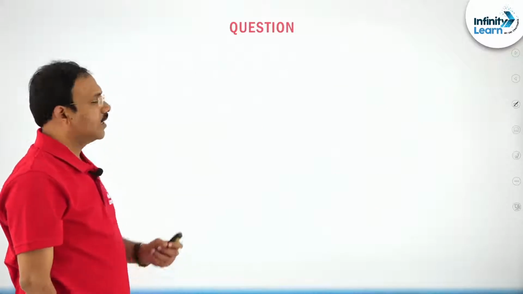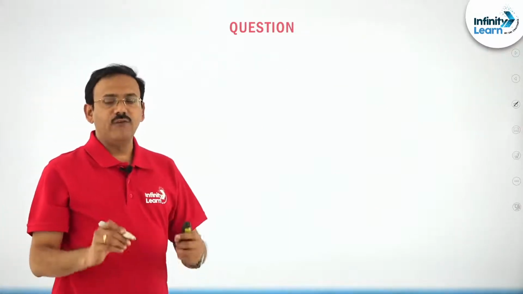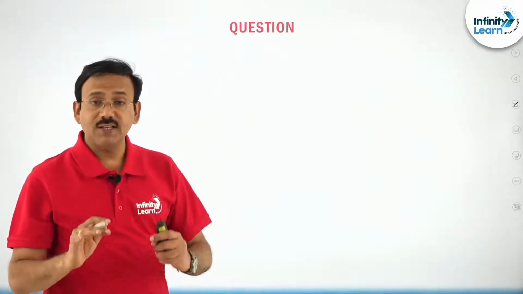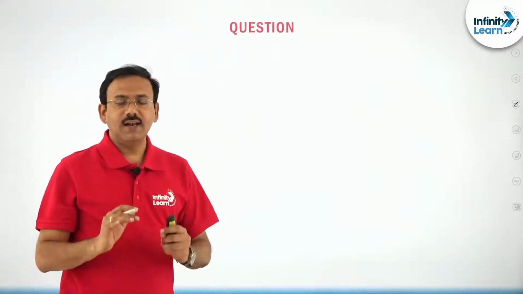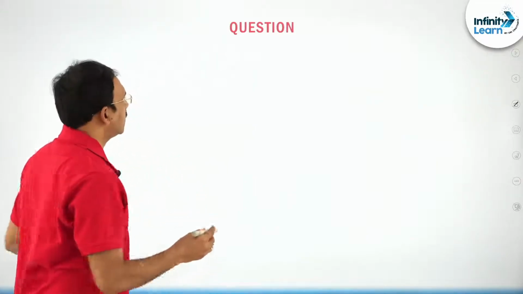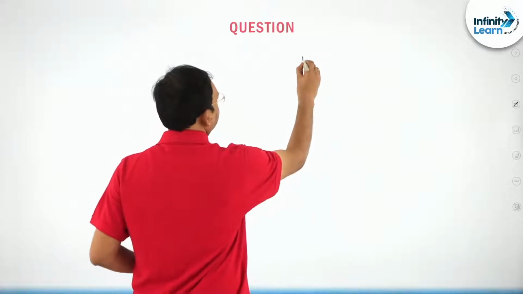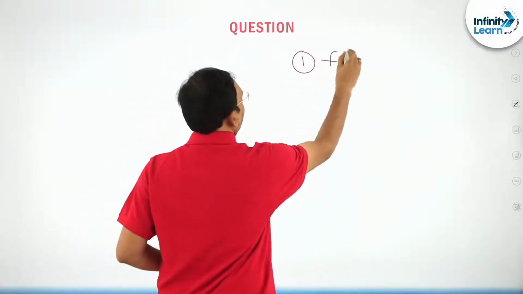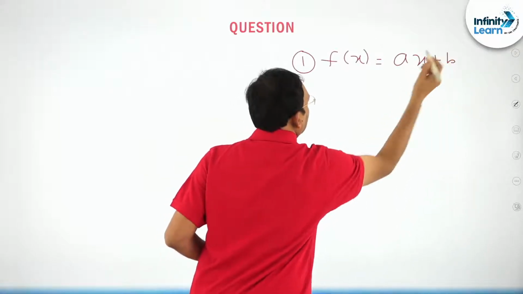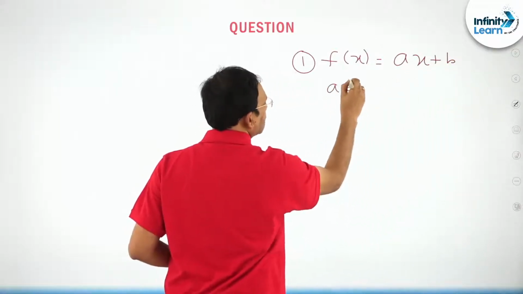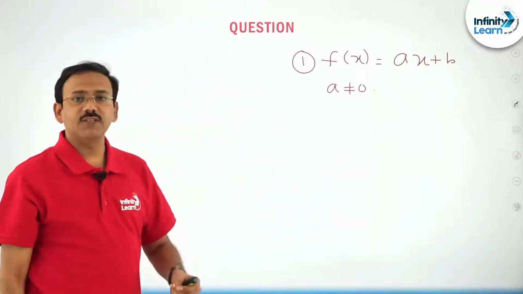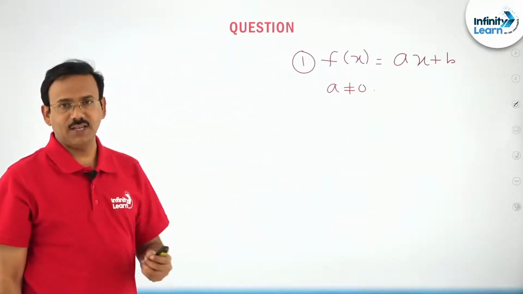Fine. Now friends, we will be given certain standard questions to find the range of functions. Let us recall model wise. First question, friends: if you are given f(x) = ax + b, where a is not equal to 0, then what about this function's domain as well as range?